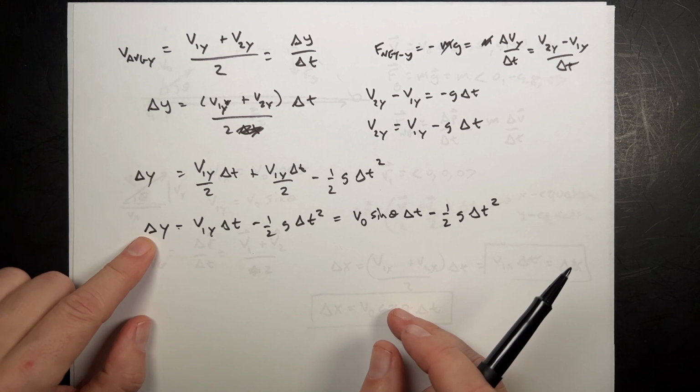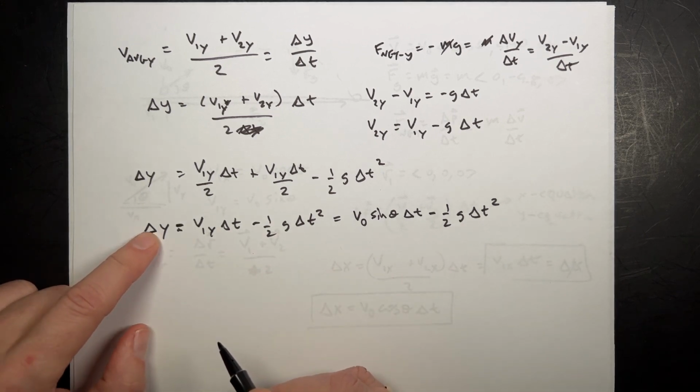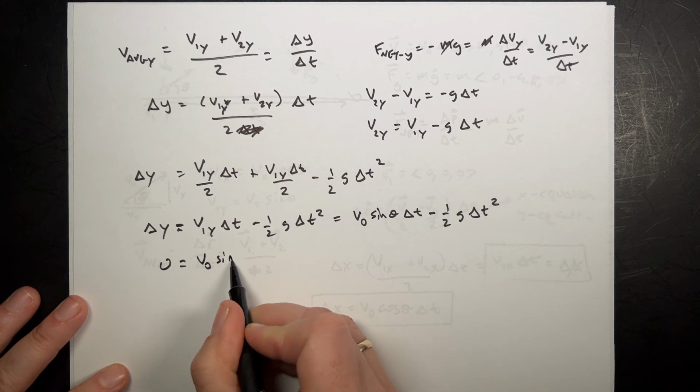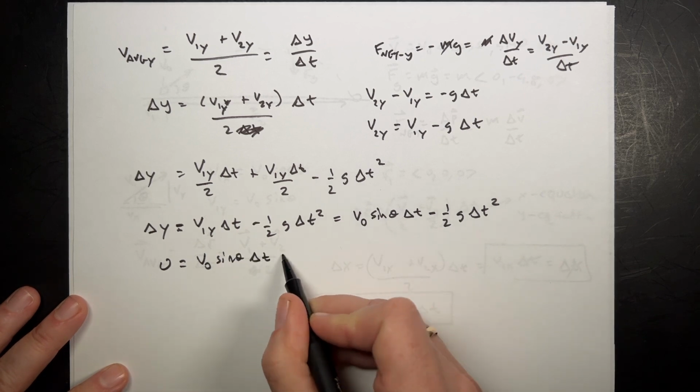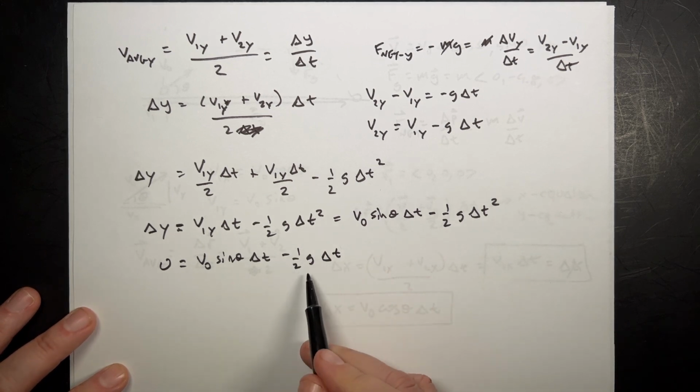Going back to our problem, we do know something about delta y. I know that delta y is 0, right? Because it starts at the ground, it ends at the ground, that's 0. So I get 0 equals v0 sine theta delta t minus 1/2 g delta t squared. I'm going to add this term to both sides.